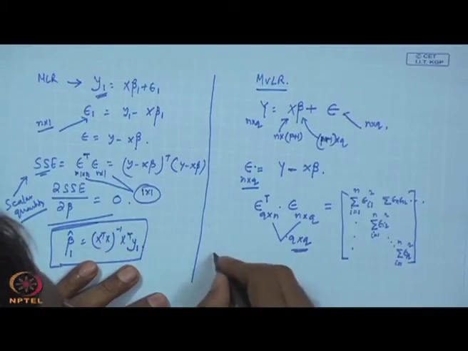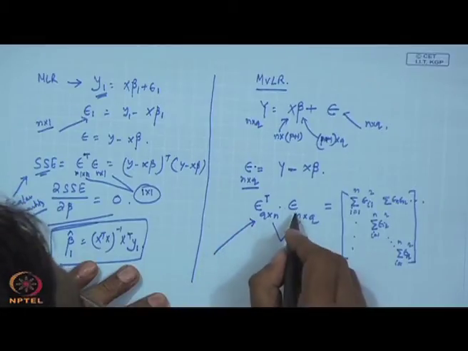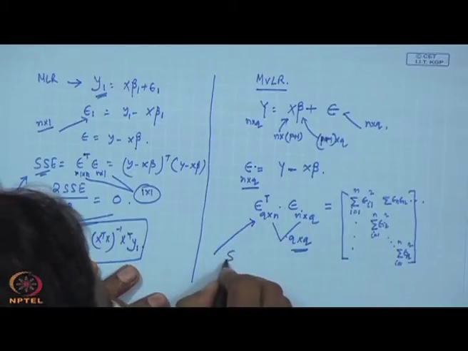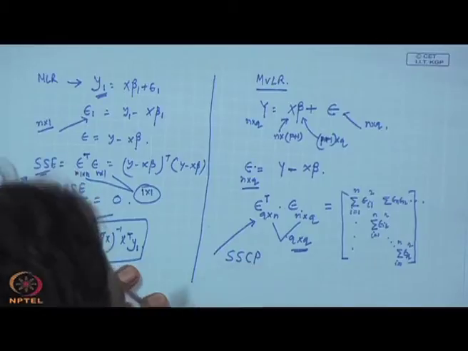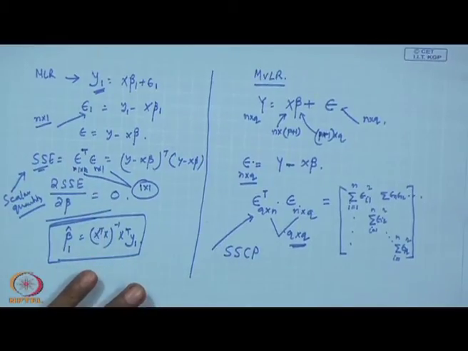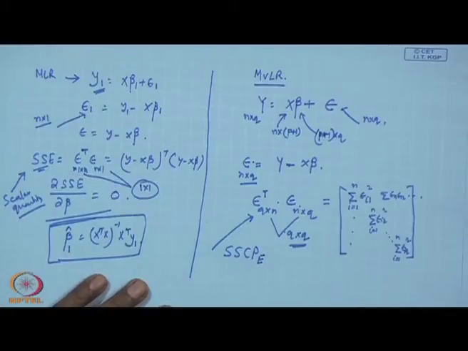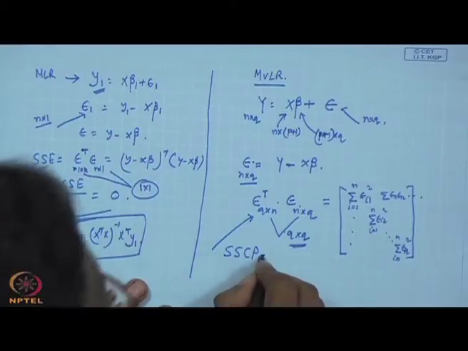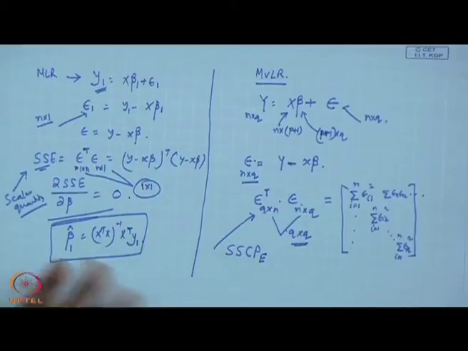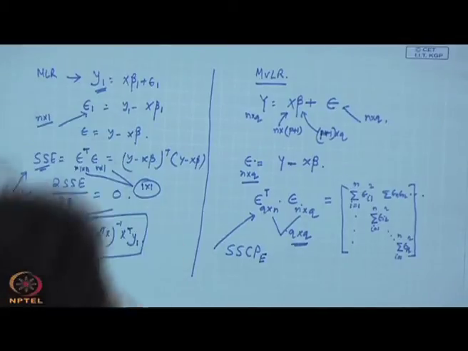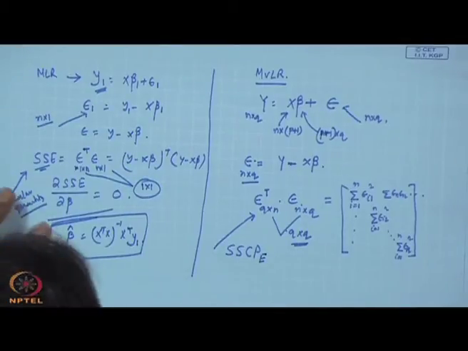So, that means this epsilon transpose epsilon is now a sum of squares cross product. Earlier we described this as the sum square epsilon, let it be E. E stands for error.